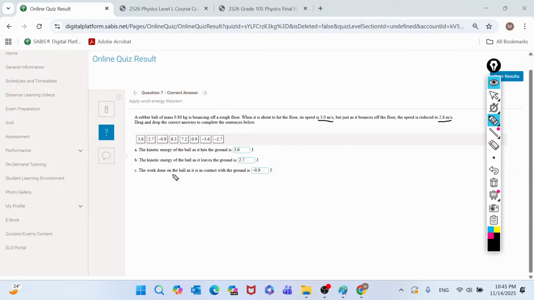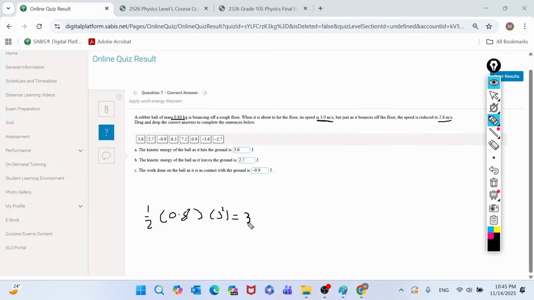The kinetic energy of the ball as it hits the ground. So it's at 3. It's about to hit the ground, it's at 3. So that's the velocity. So we do 1 over 2 m, which is 0.8, times v squared, which is 3 squared.